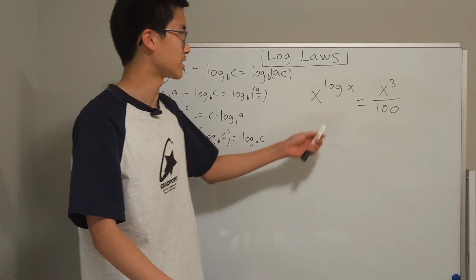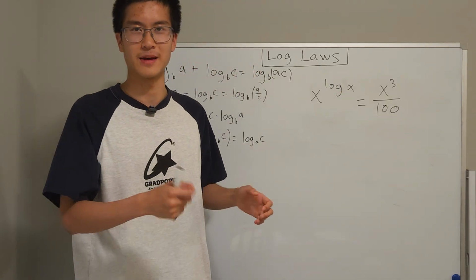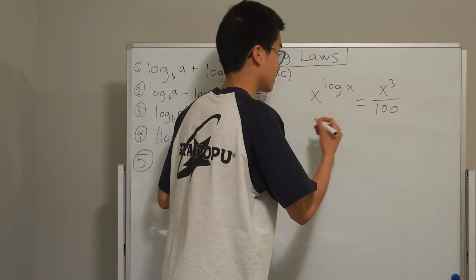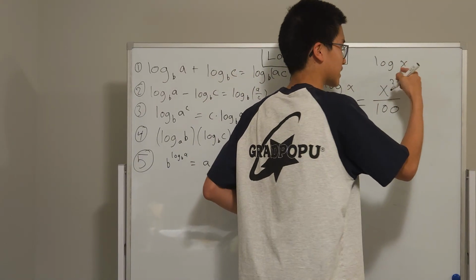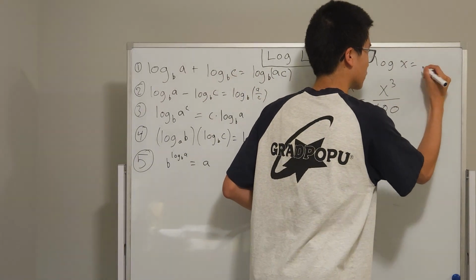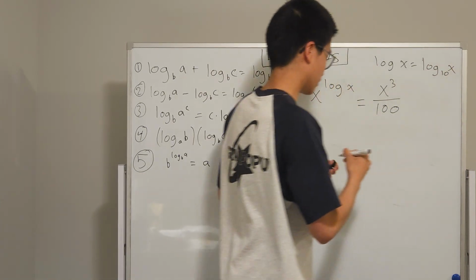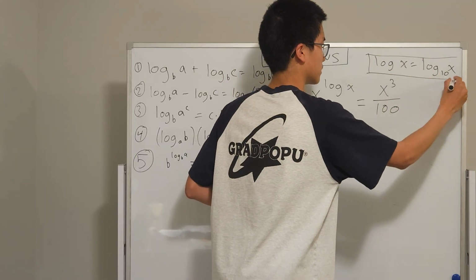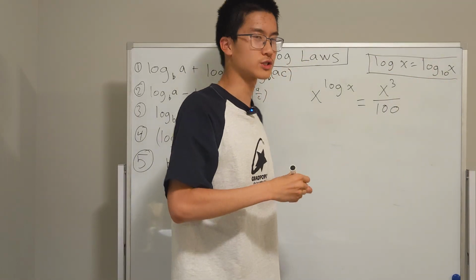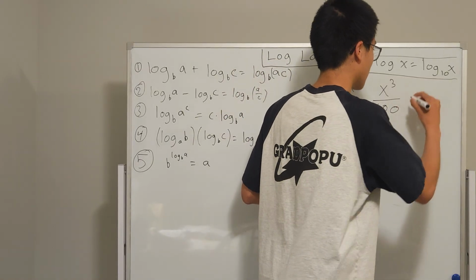Also, if there isn't any number below the log, that is implied to be log base 10. So log with nothing underneath equals log base 10, so b equals 10. Also, in some contexts, you might see ln of x.